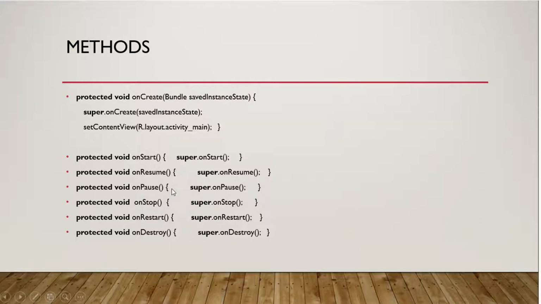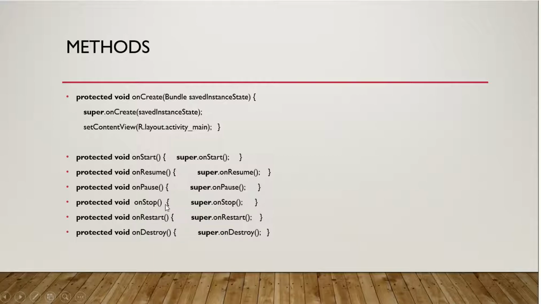When this method is called, the activity is invisible to the user, and after this method, other applications may be able to run in the system. After that, the onStop method is called when the user is not interacting with our activity for a long time.